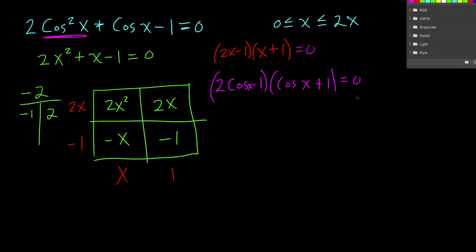Okay, so we break those up. So we get 2 cosine x minus 1 equals 0, and we get cosine x plus 1 equals 0. So we add 1.